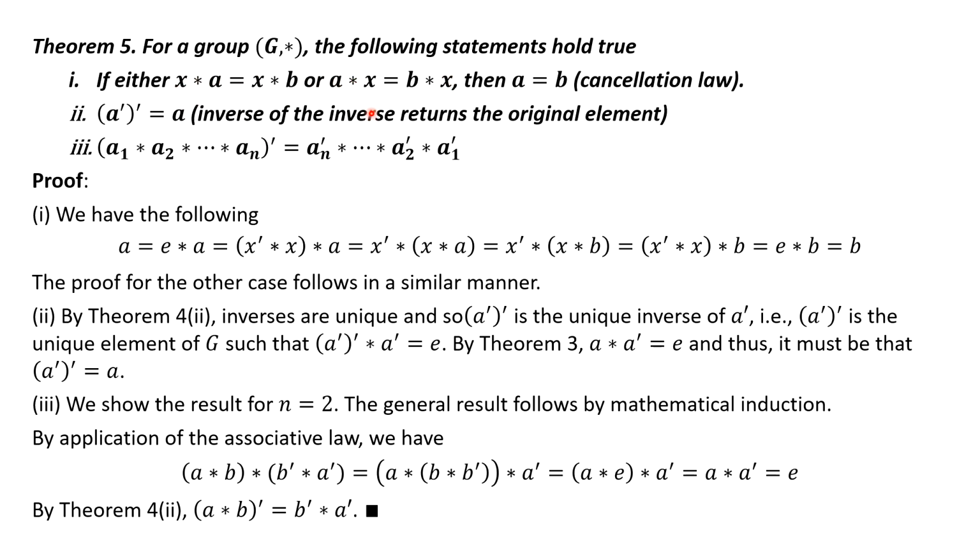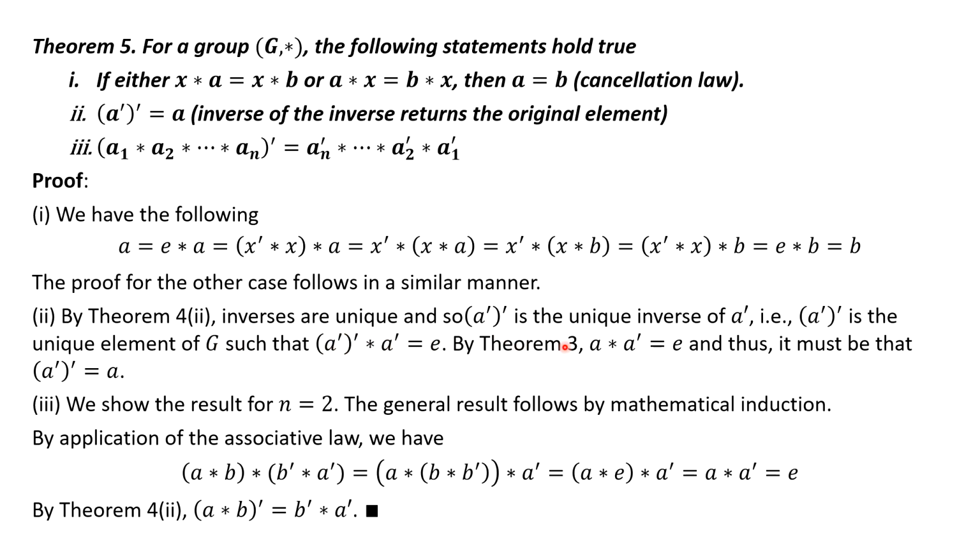And the second case, as I say, is almost the same. Then in the second one, by theorem 4, part 2, inverses are unique. So the inverse of A inverse is the unique inverse of A inverse, i.e., the inverse of A inverse is the unique element of G such that this holds true.